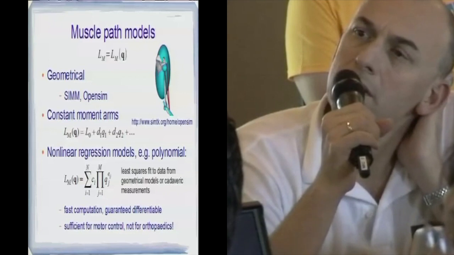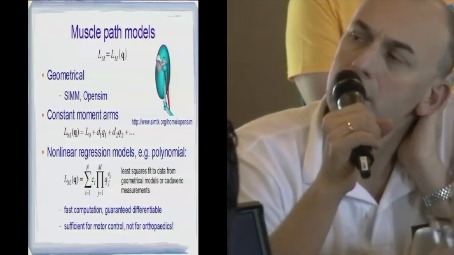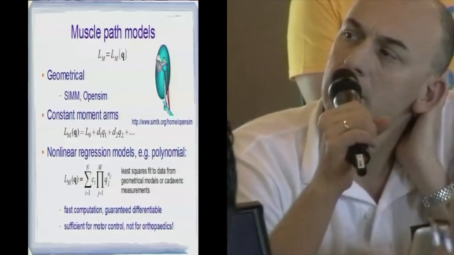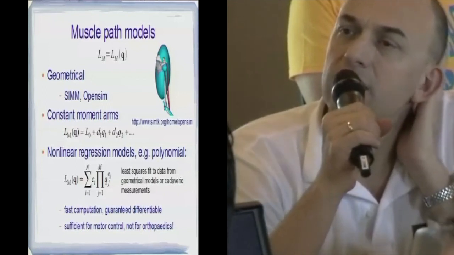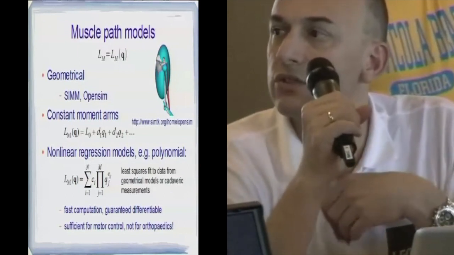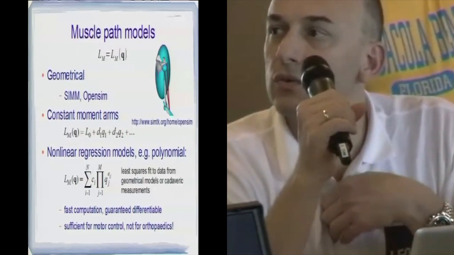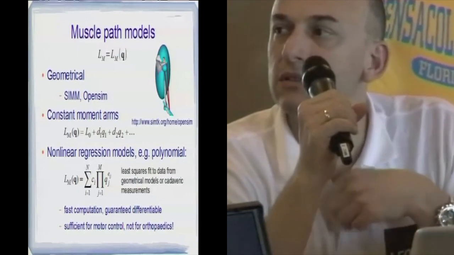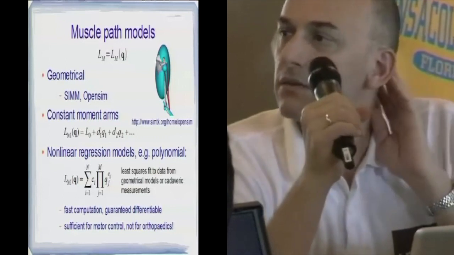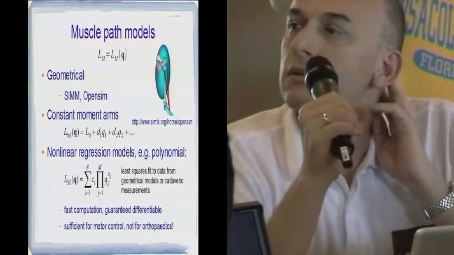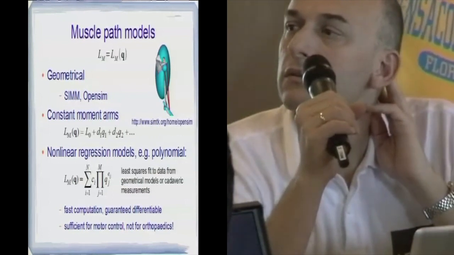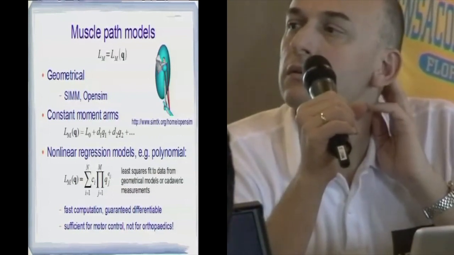That takes time, first of all, and it may not be differentiable. Okay, so you're saying you cannot analytically just write the length of a path depending on the geometry? That's only if it's just a straight line between two bones. Then it's analytical. But if it has wrapping objects, then it gets more time-consuming, and it may not be differentiable.